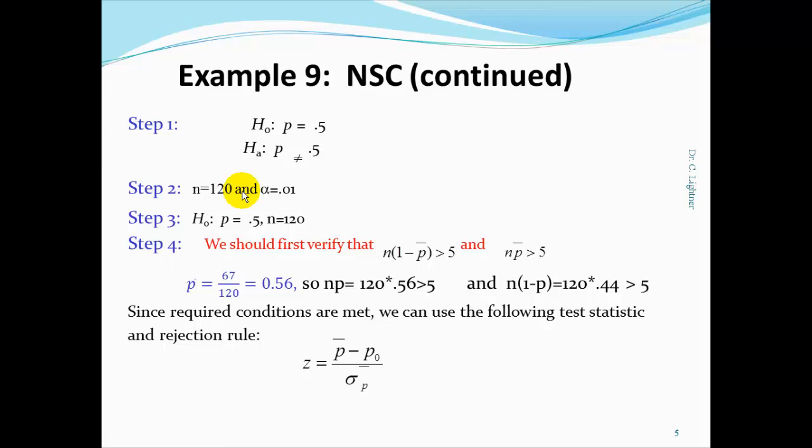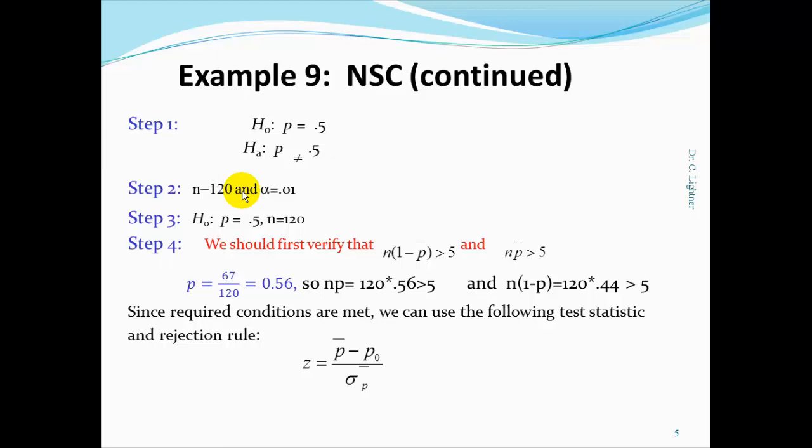In step 3, we should go out and research the appropriate test statistic and rejection rule to use for this scenario. We should state our null hypothesis, which is p equals 0.5, and our sample size, which is n equals 120.